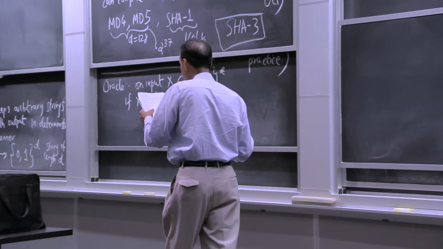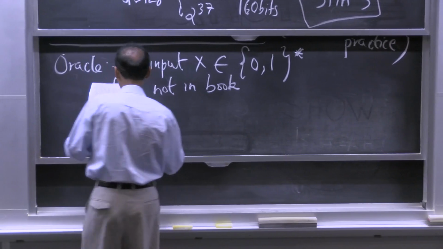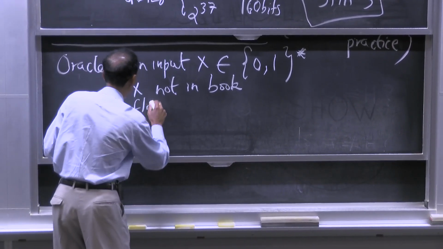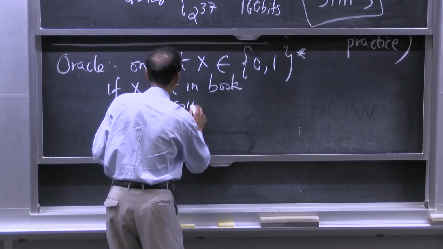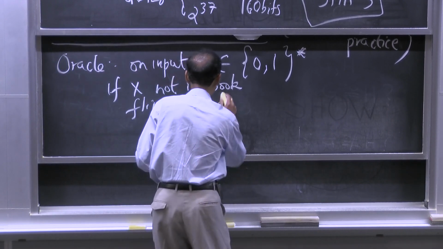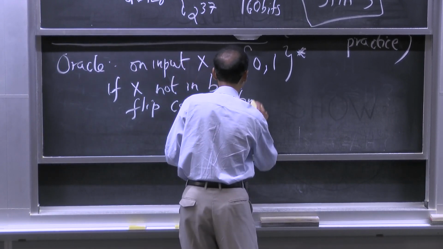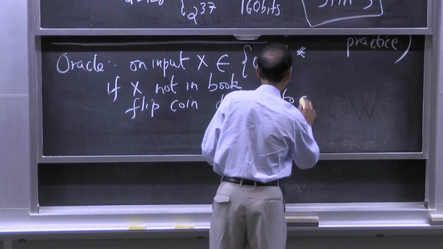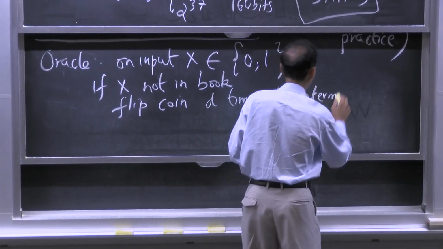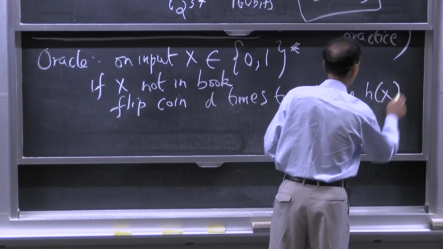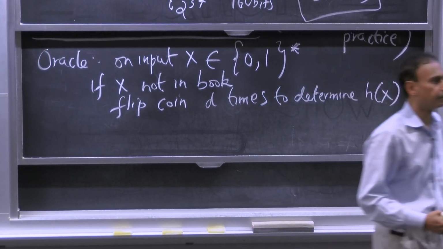And that's how we're going to get determinism, because this book initially gets filled in. All of the entries in the book are filled in using pure randomness. So you flip a coin d times to determine h of x. So that's basically it.